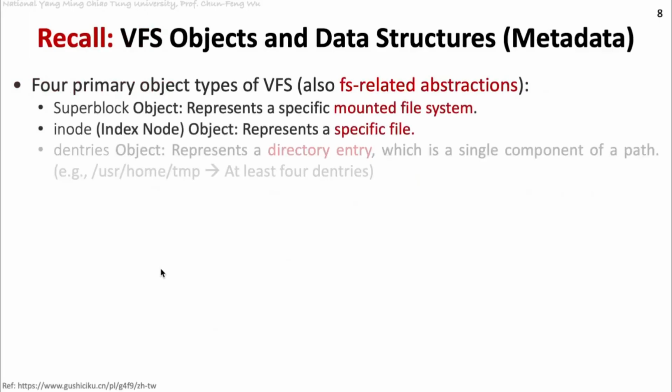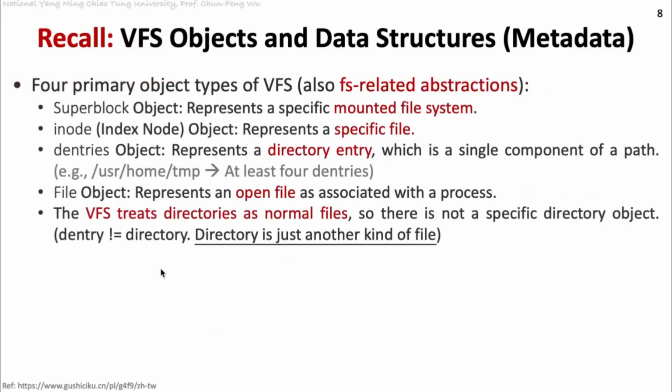Actually, there are four primary objects. The superblock usually describes the mounted file system, meaning how this file system looks, for example the block size, whether it uses inodes, or what kind of data structure it uses. The second is the inode object, which describes a specific file from a metadata perspective.